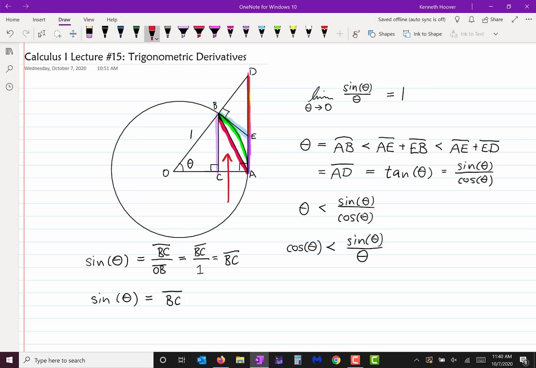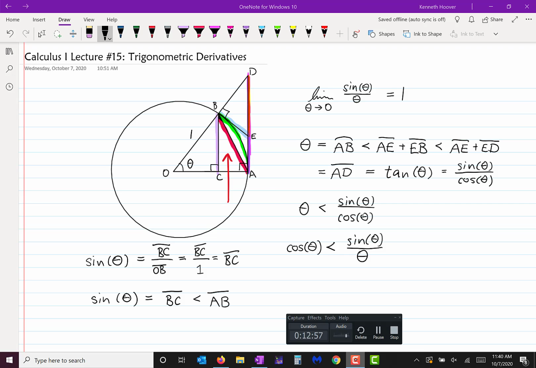And the hypotenuse is always longer than the leg. So AB is longer than BC. And also, that line segment from A to B is shorter than the arc, which is highlighted in green, from A to B. You see that?